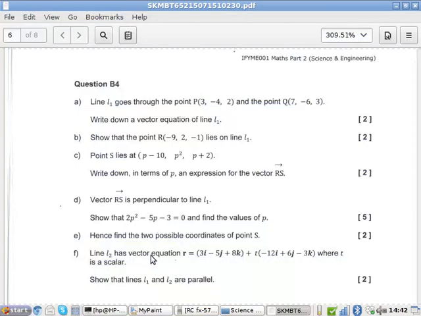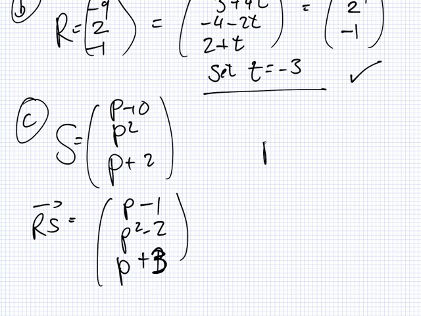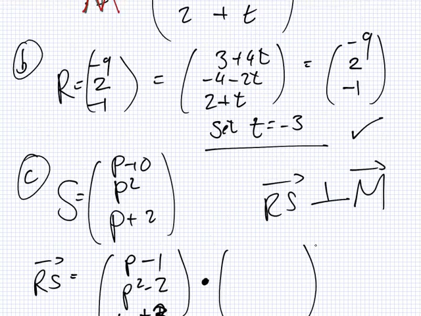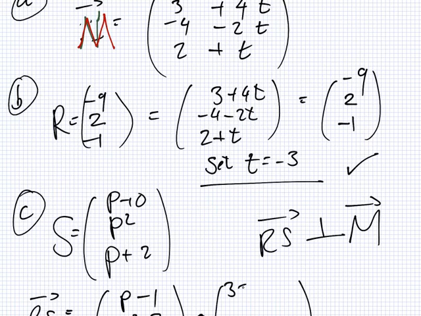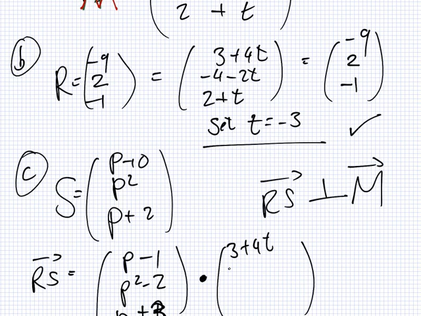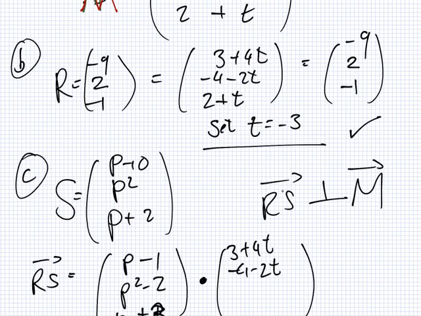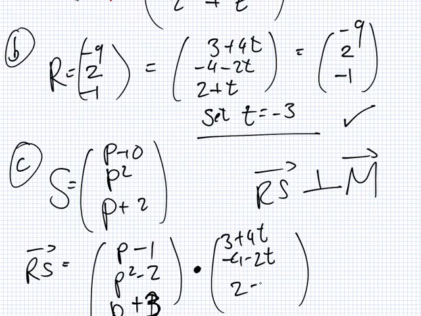No. Well, for that part, I mean. 5 marks. Show OR S is perpendicular to M. So that means this dot, what we had earlier, equals 0.